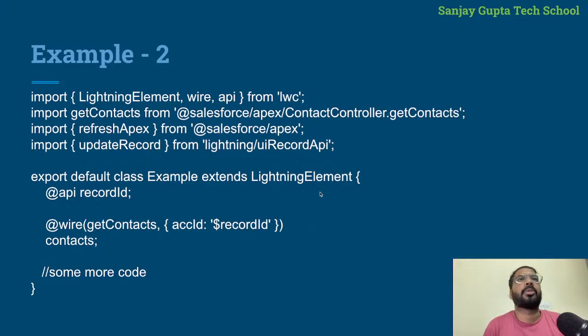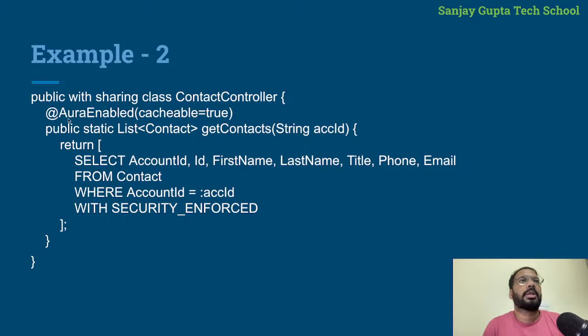Okay, so there is one more question. What is the purpose of @AuraEnabled(cacheable=true)? So @AuraEnabled I already explained. Whenever you want to call a method in your Lightning Web Component, you just need to use this AuraEnabled annotation.